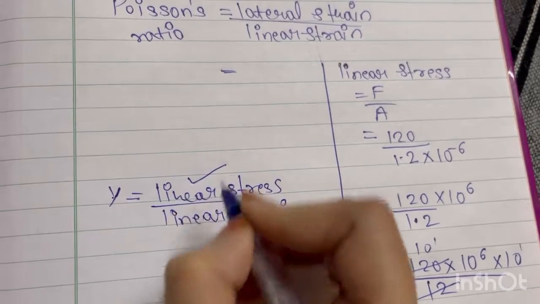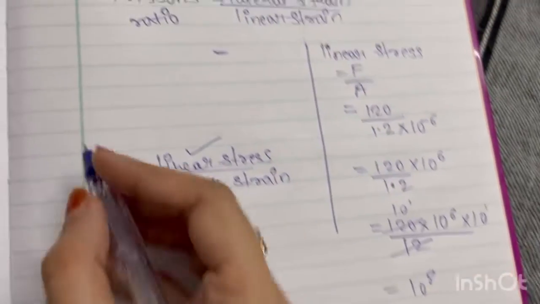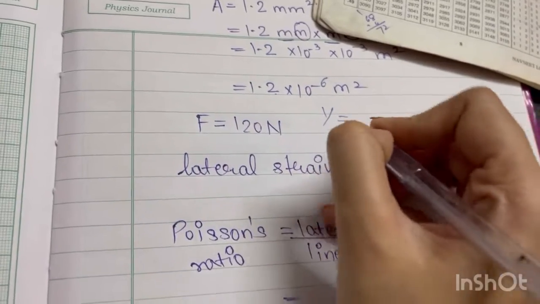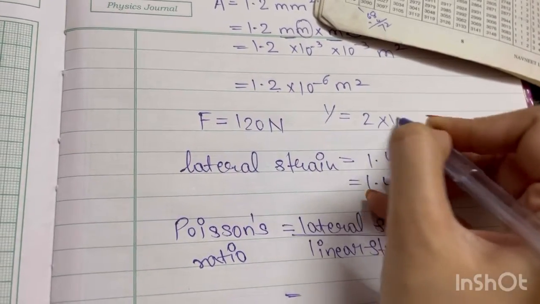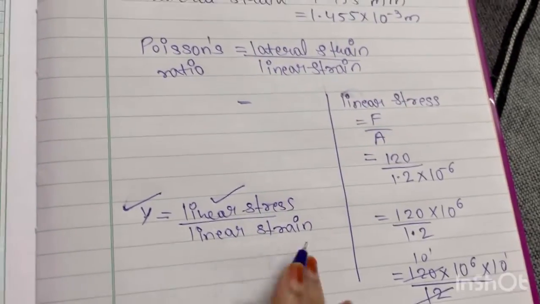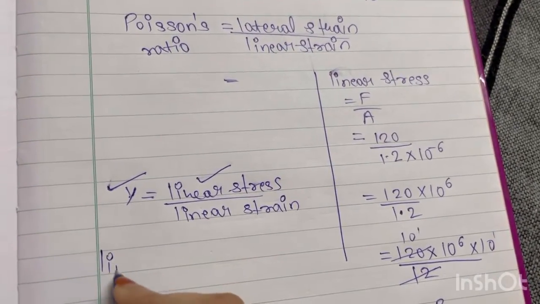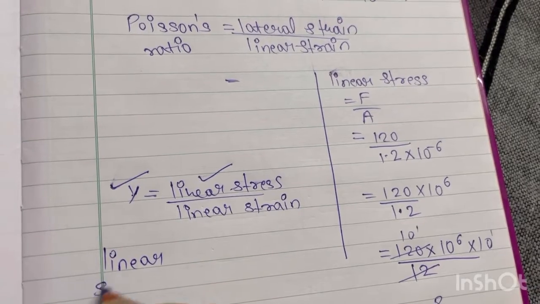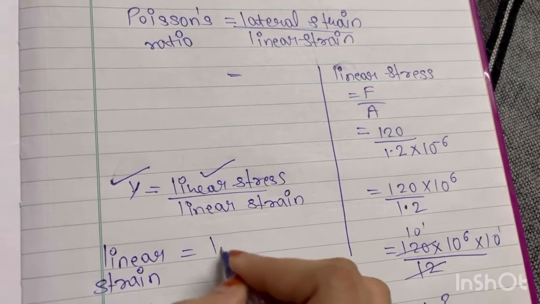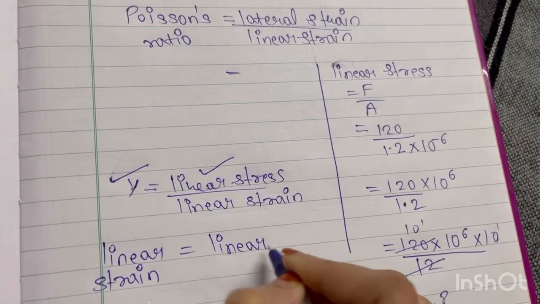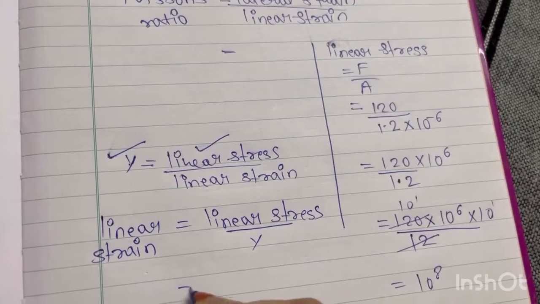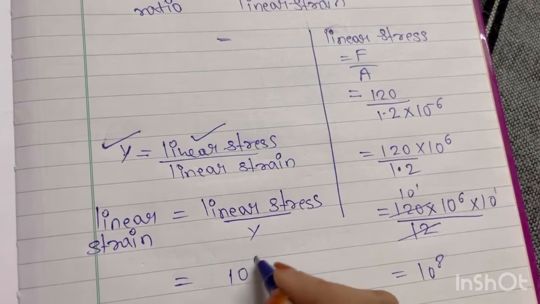Now we have calculated linear stress, that is this. We know Young's modulus, that is 2 into 10 raised to 11 Newton per meter square. We don't have linear strain, so we can easily calculate linear strain with the help of these two quantities, that is linear stress upon Y. Now linear stress is 10 raised to 8.